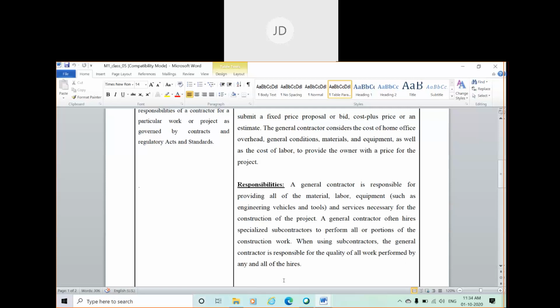That means you have the option to assign a subcontractor, but ultimately it's your responsibility for the whole project, and you have to regulate and maintain the quality of the work performed by the subcontractor.